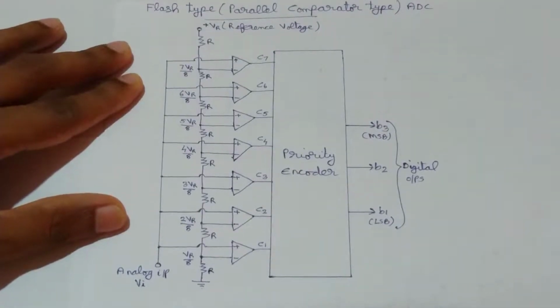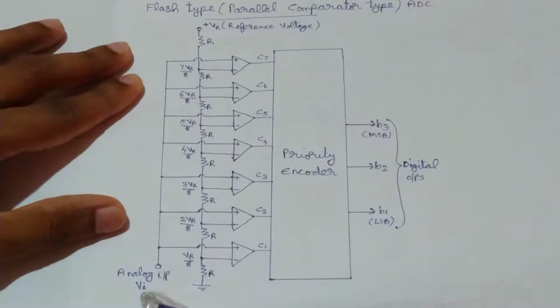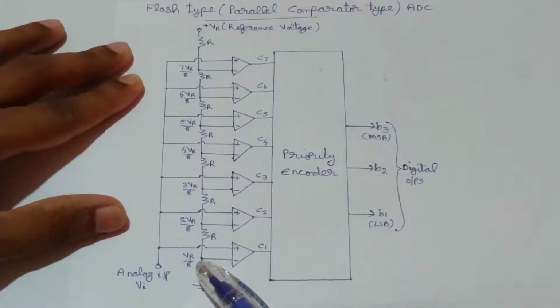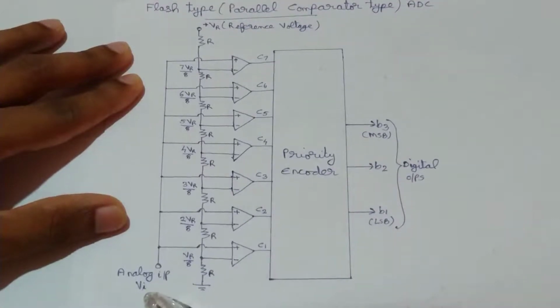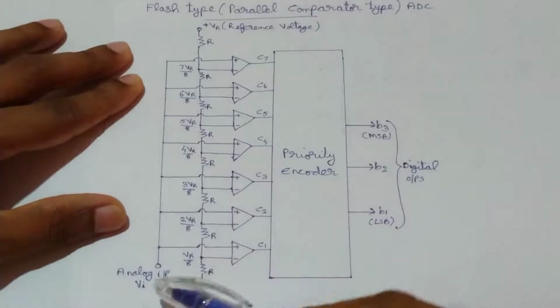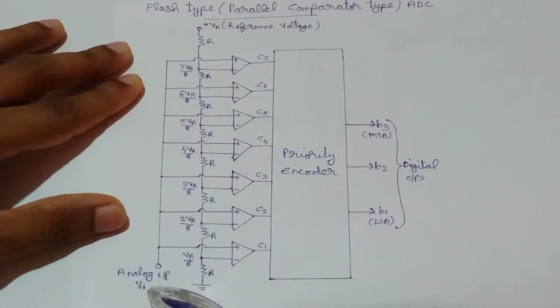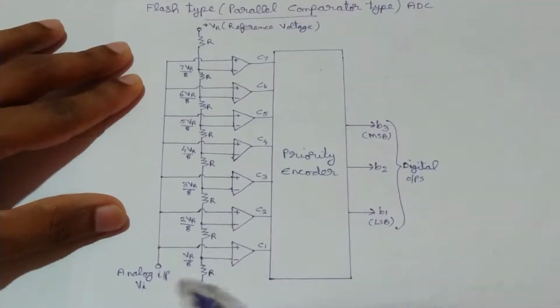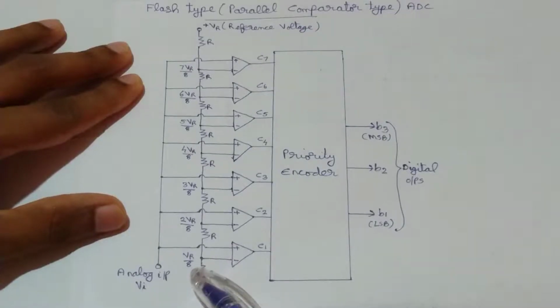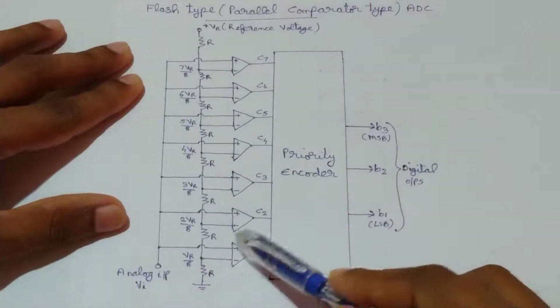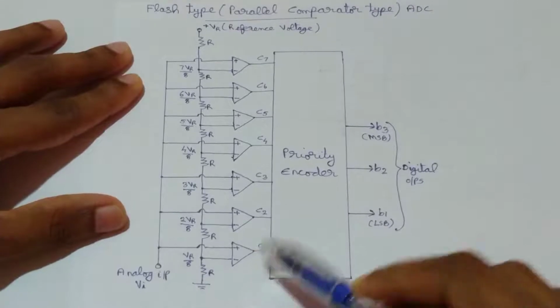So consider the case when this input signal Vi is in the range 0 to VR by 8. That means Vi is in the range 0 less than or equal to Vi less than or equal to VR by 8. Now consider this comparator 1.